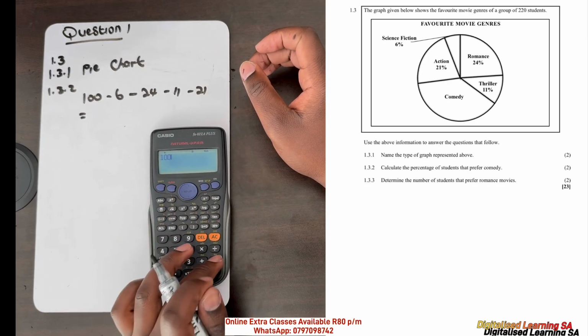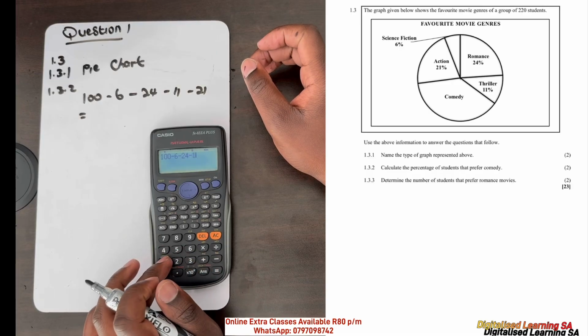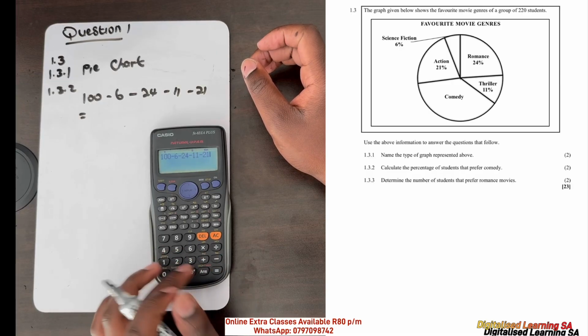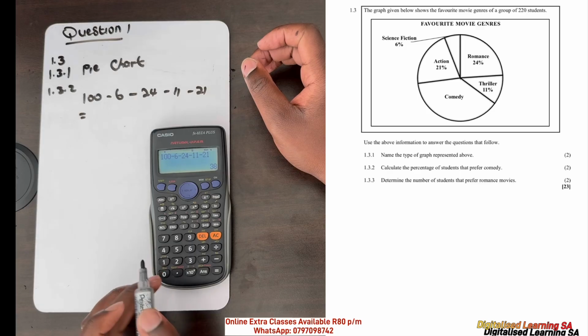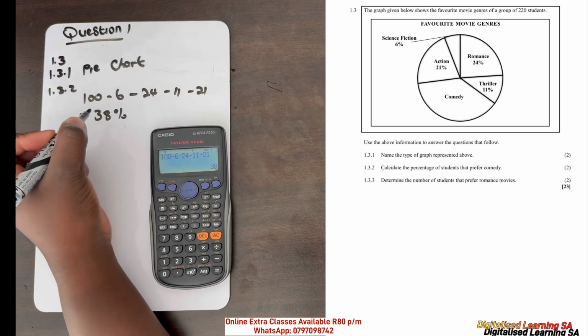So it will be 100 minus 6 minus 24 minus 11 minus 21. And we can easily see that the percentage would be 38%. So this is for comedy.